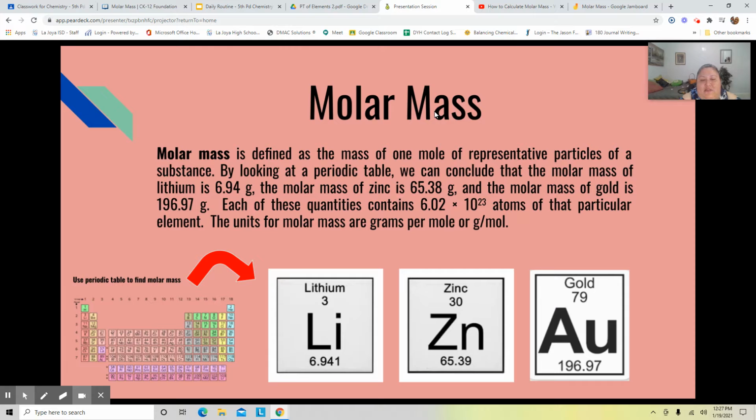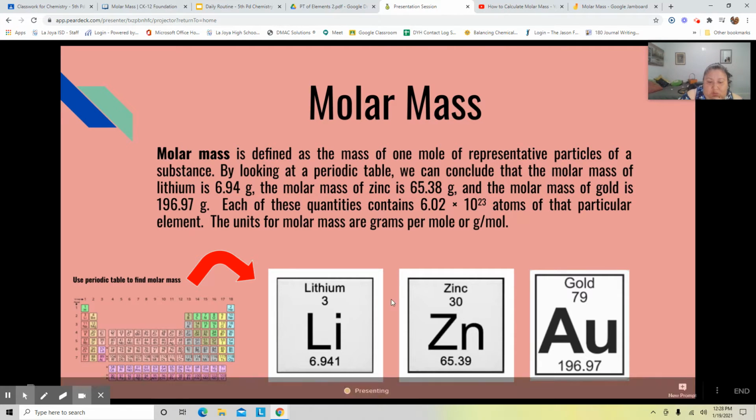And if for some reason you don't understand, come see me at tutoring after school from 4:30 to 5 here on Google Meet. All right, so molar mass. Molar mass is defined as the mass of 1 mole of representative particles of a substance. Okay? So mass equals 1 mole. Now you can find the molar mass of an element by looking at the periodic table. By looking at the periodic table, we can conclude that the molar mass of lithium is 6.94 grams.